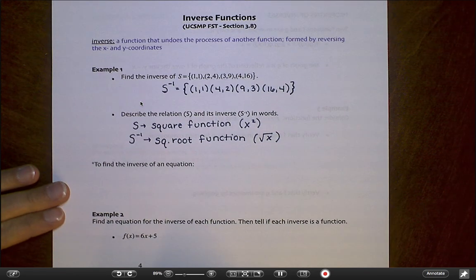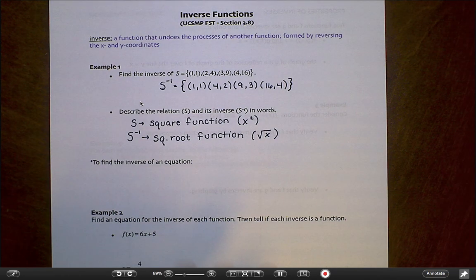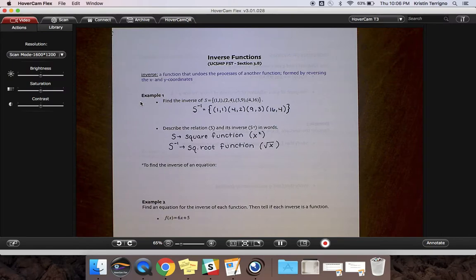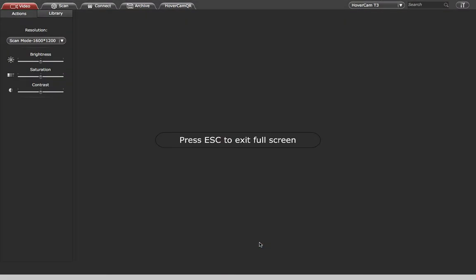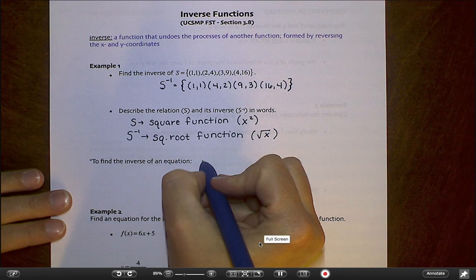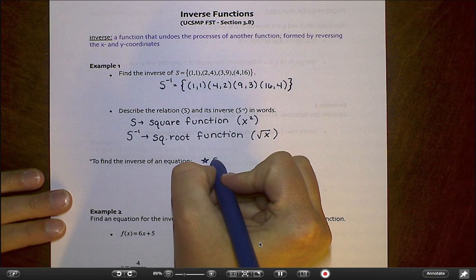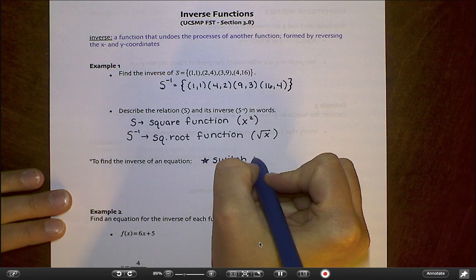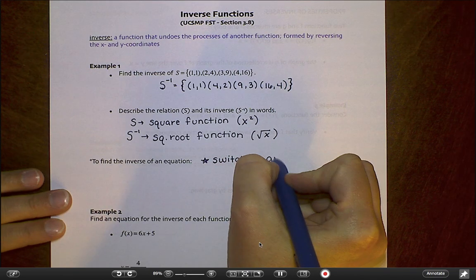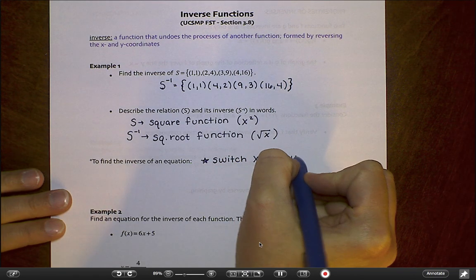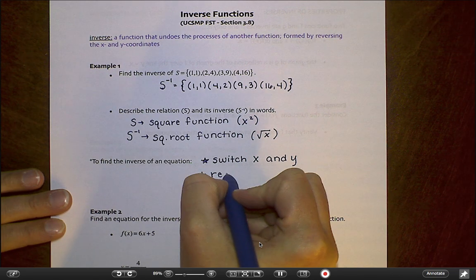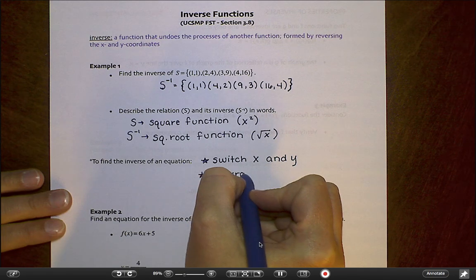So that's easy when they give you just coordinates to work with, right? But if you're trying to find the inverse of an equation, we're always going to start by switching x and y, and then rearrange to get y back by itself.